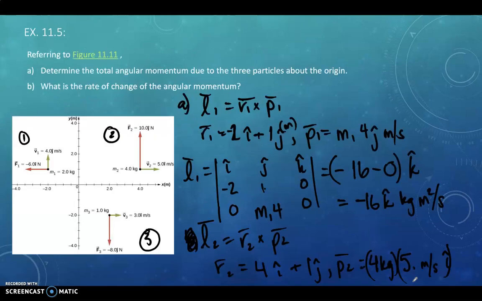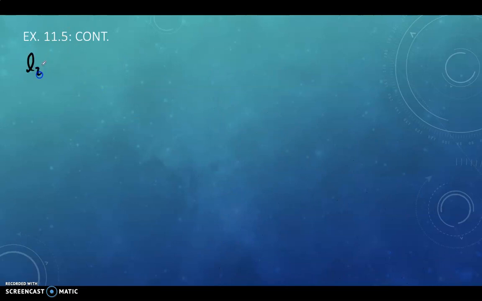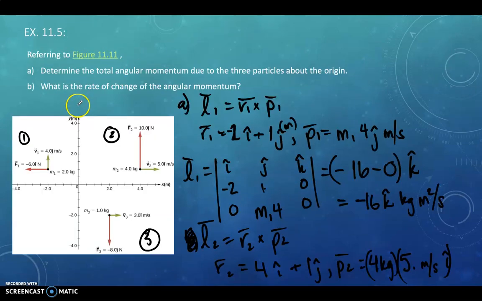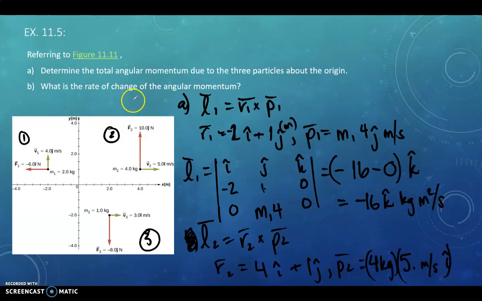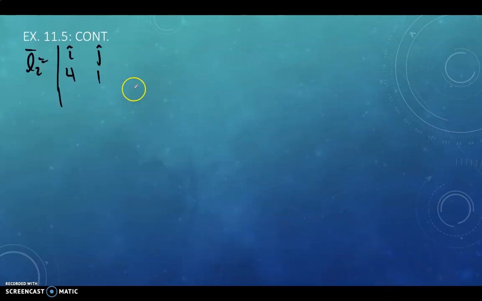So let's go ahead and do this. So we have L2, we have i, j, and we have 4 and 1. Then we have this term here, 4 times 5 is 20, so we have 20 in the i hat direction. 0, k hat, 0, and 0. So again, all of these other ones are going to be zeros.